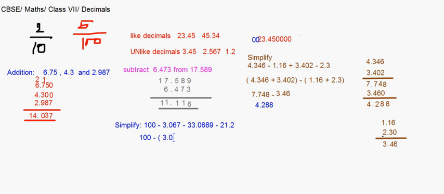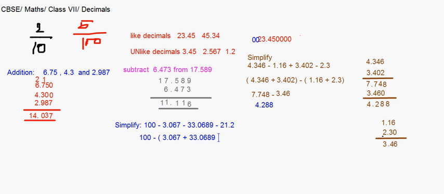You will come across a solution wherein they are subtracting each of them at one go, like we'll subtract 3.067 from 100, and then they would again subtract 33.0689 from that result. Whatever you get here will again be subtracting 21.2. But instead of doing that, I would suggest this being the safest method, and you won't have to do much subtraction as well.